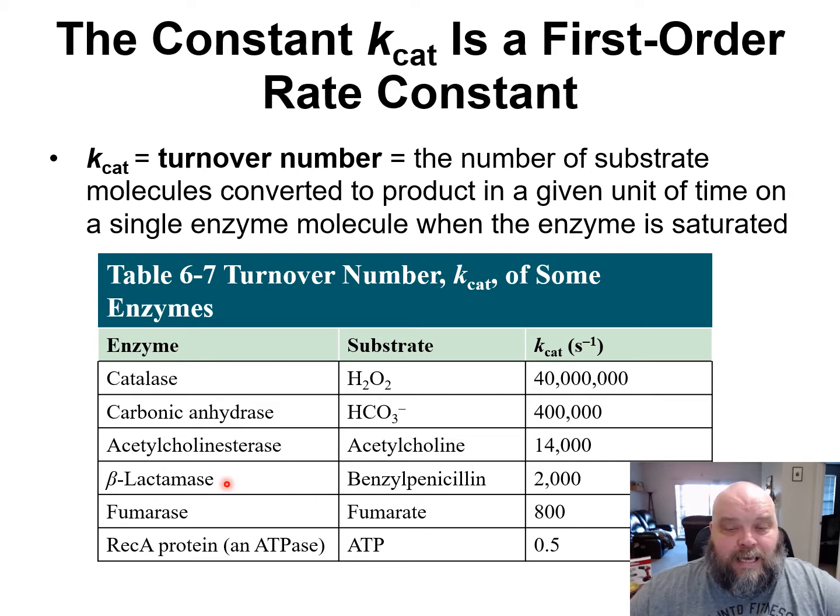Beta-lactamase is the enzyme produced by bacteria to go and break down any penicillin beta-lactam rings. In a given amount of time, they're doing 2,000 per second. That's just one enzyme. It's cutting 2,000 beta-lactam rings per second. This is turnover.